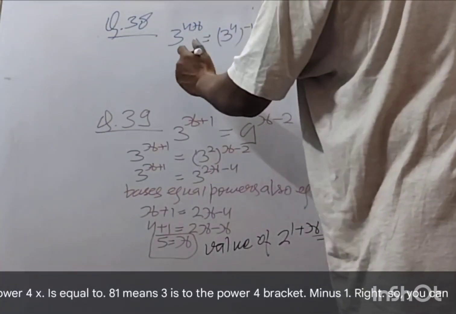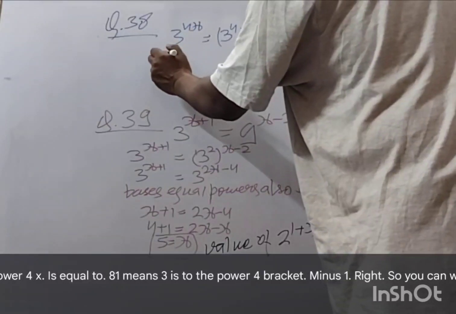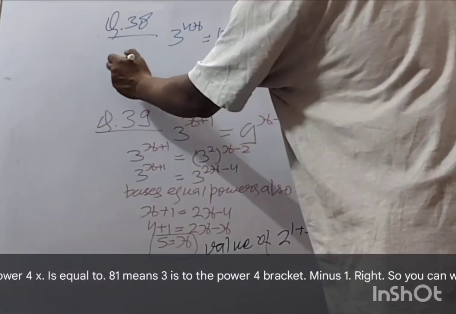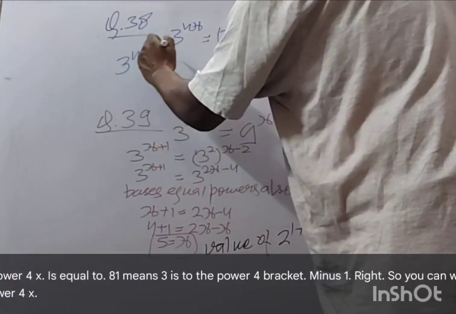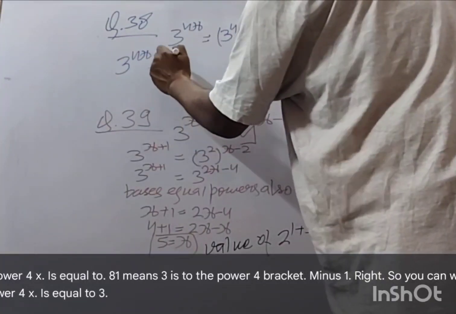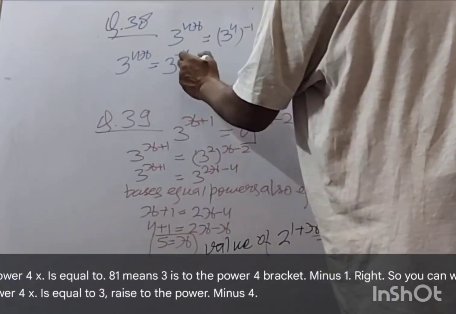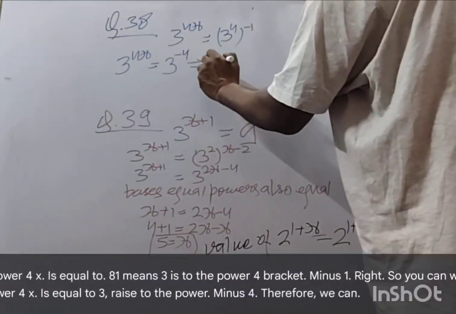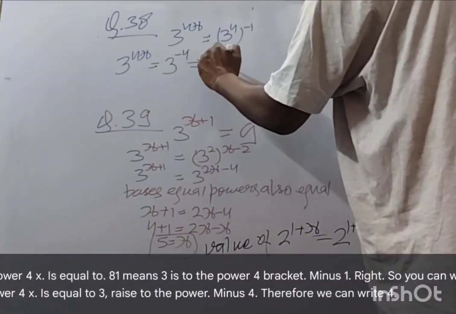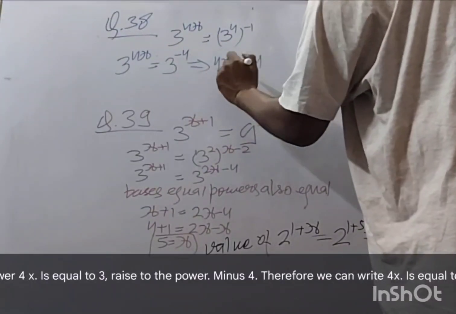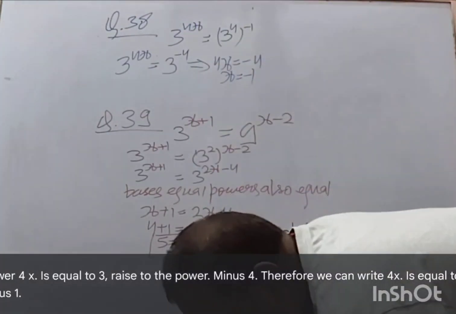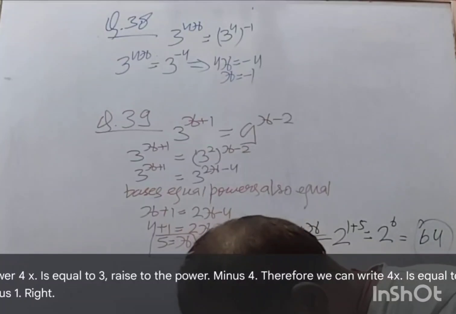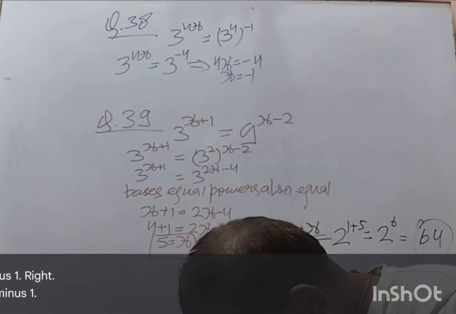So you can write here 3 raised to the power 4x is equal to 3 raised to the power minus 4. Therefore, we can write 4x is equal to minus 4. So x is equal to minus 1. The answer is minus 1.